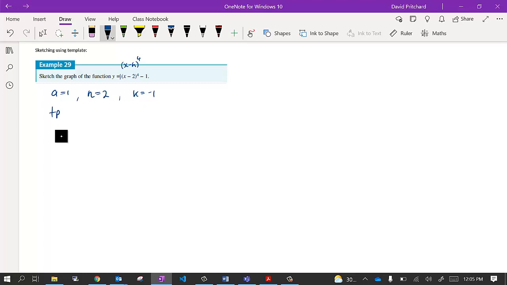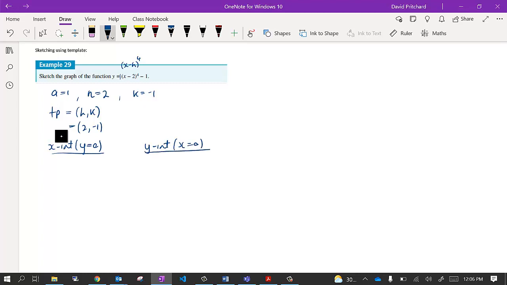Straight away, we can state our turning point, and our turning point is (h, k), which will be (2, −1). So we already know where it's turning. And now we can work out our x-intercepts by looking at y equals 0, and our y-intercept at x equals 0.